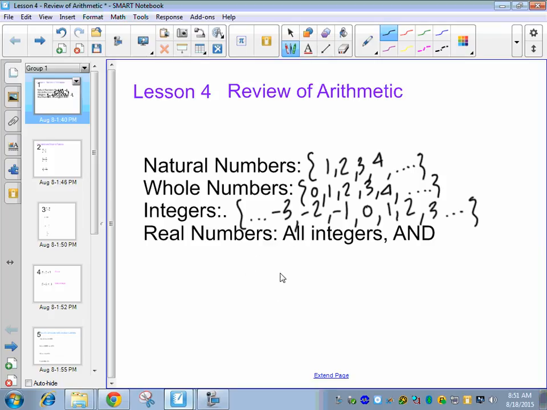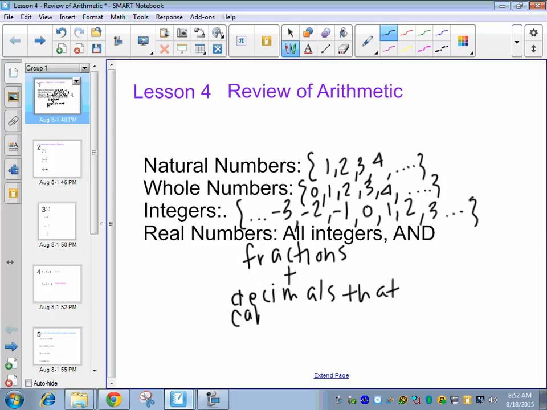Okay. The real numbers are all integers, so all of these numbers, negative and positive, and fractions or decimals that can be written as fractions.